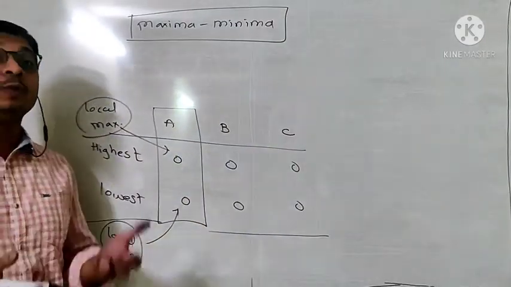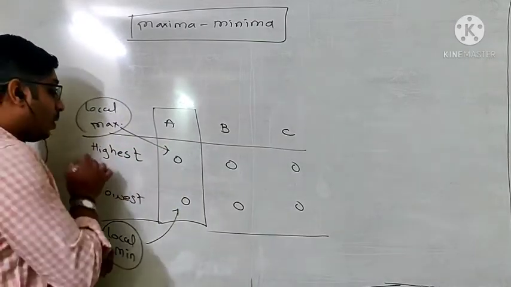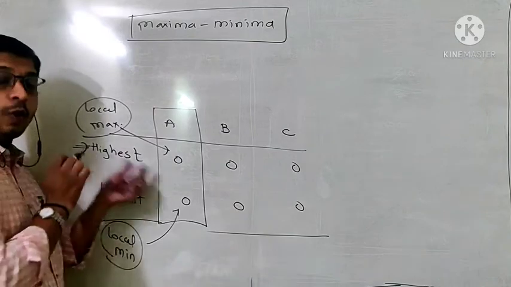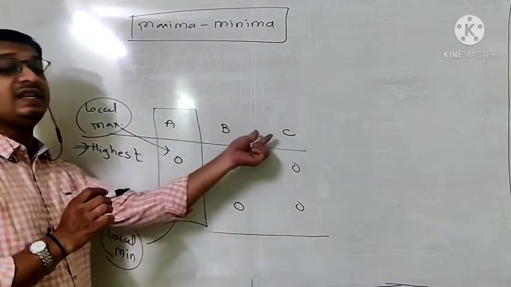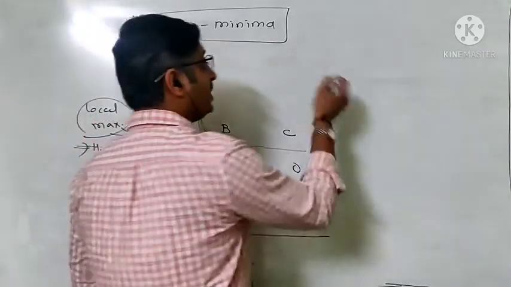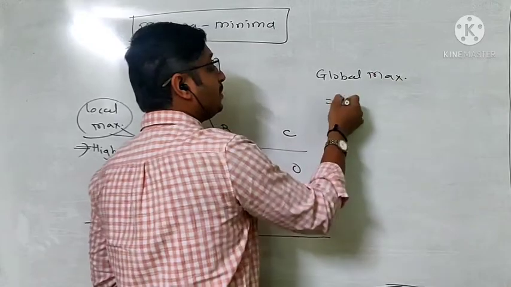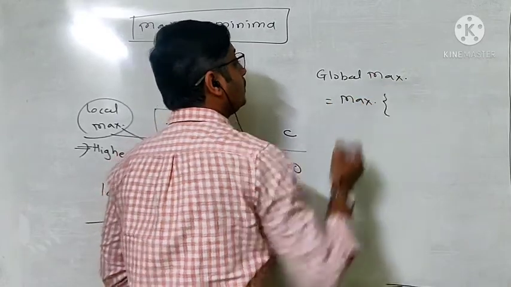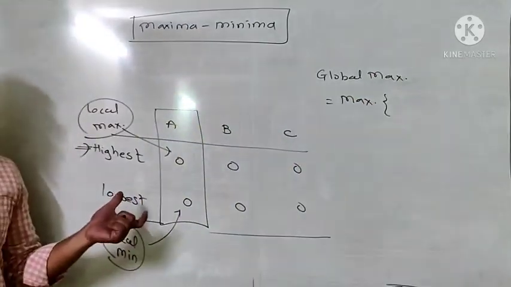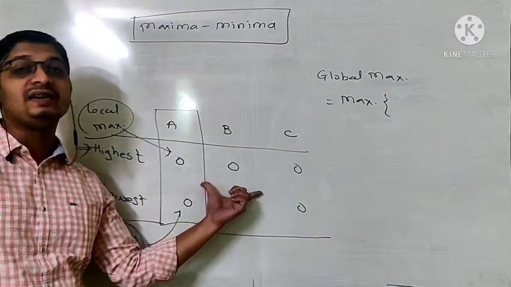So what are the global maxima and global minimum? If we compare all the students from each individual section who secured the highest marks, the global maxima is the maximum value from the highest values obtained in the given interval.